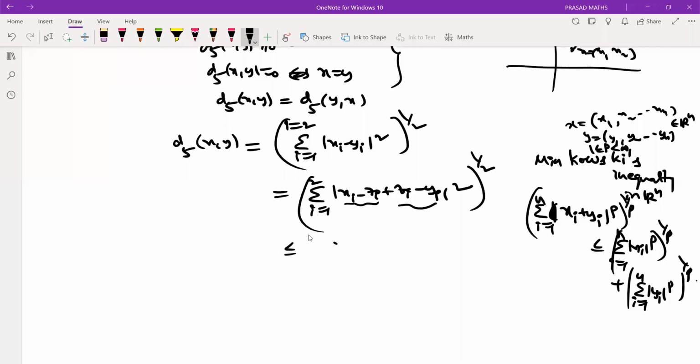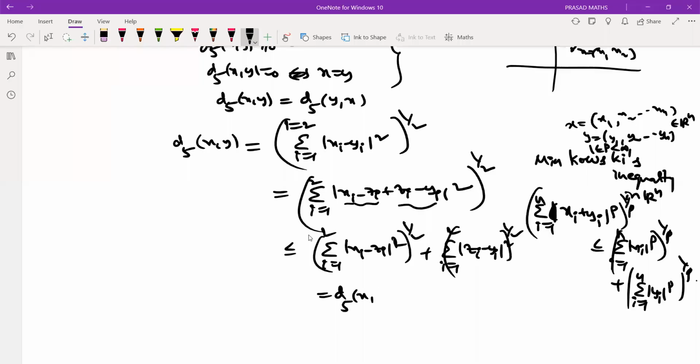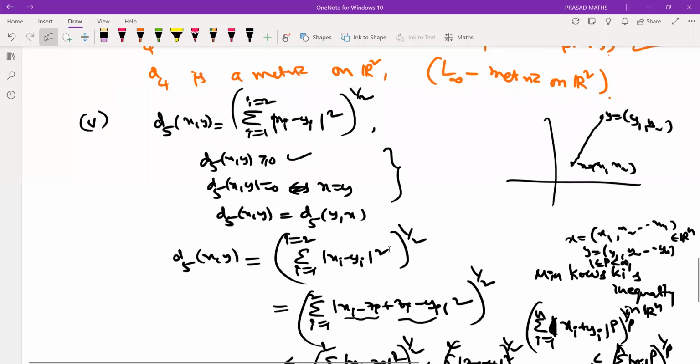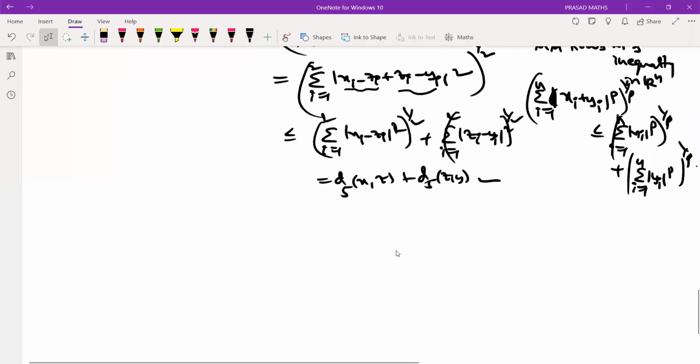By the Minkowski inequality, the summation i equals 1 to 2 of (xi minus zi) whole square, whole power 1 by 2, plus the summation i equals 1 to 2 of (zi minus yi) whole square, whole power 1 by 2, is exactly d of x comma z plus d of z comma y. So hence it satisfies the triangle inequality, hence it is a metric. This is exactly the Euclidean metric or usual metric.